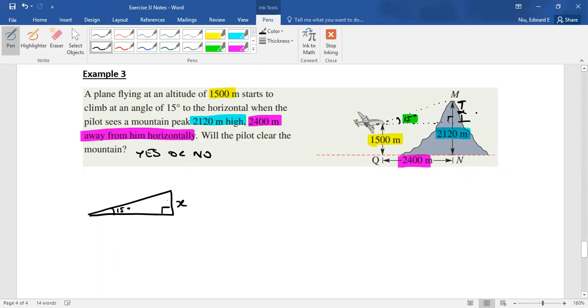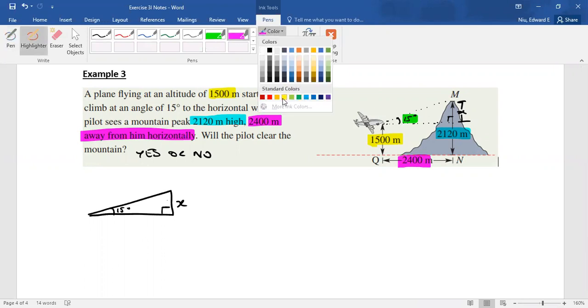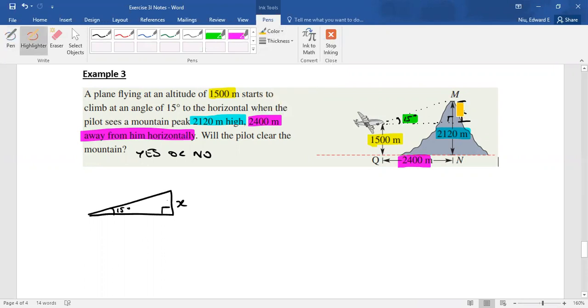All right, so let's find this x. We're out of colors. Let's go find this x, which is in orange. Okay, this 15 degrees is from what we highlighted in green.